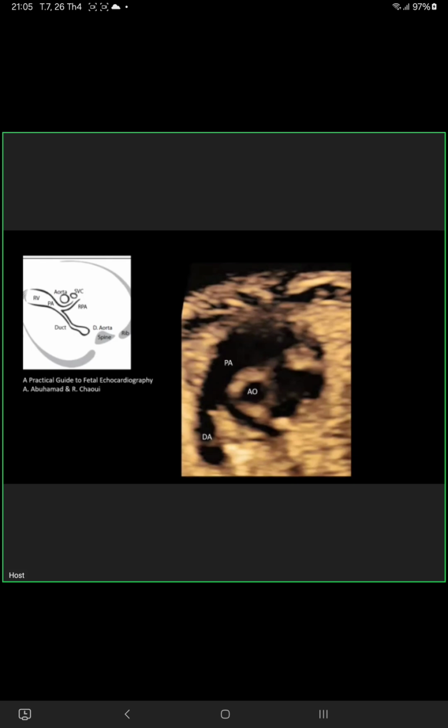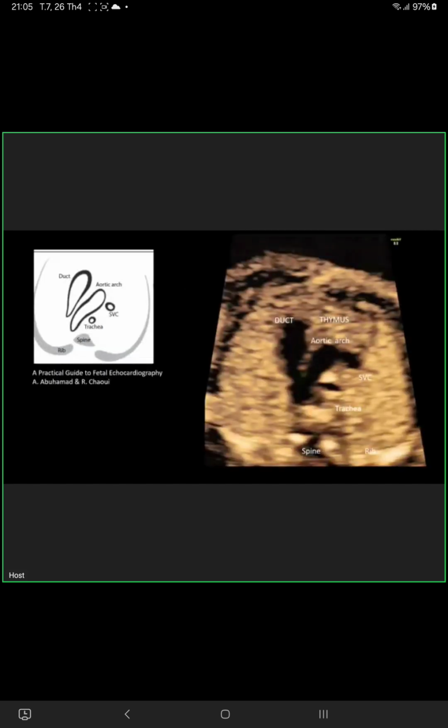The short axis: pulmonary ductus and right pulmonary artery, and aortic valve, and three vessels, the standard planes of the heart. But I think it's not enough for examination of the heart, just static pictures.